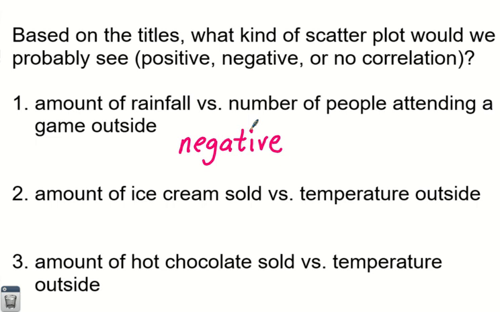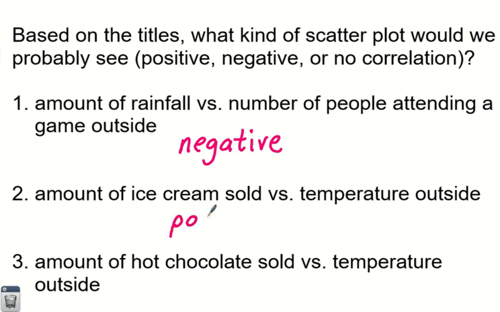How about number 2? The amount of ice cream sold versus the temperature outside. Do you think as temperature rises, the amount of ice cream sold would also rise? Or would it fall? Or do you think there's no connection there?